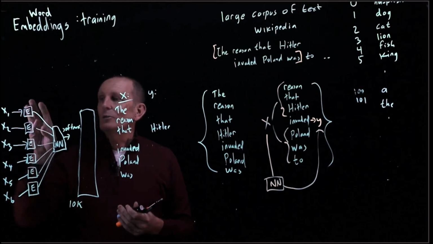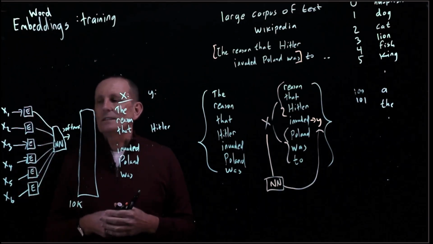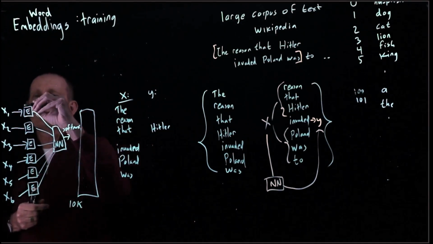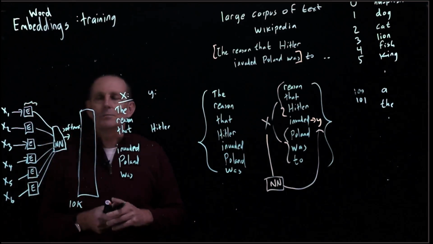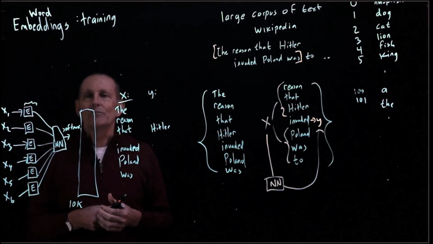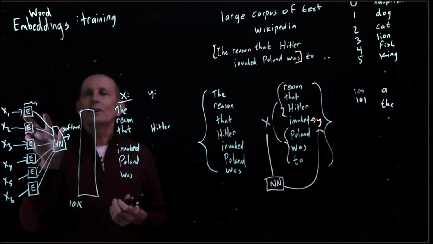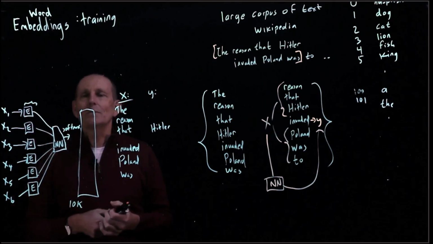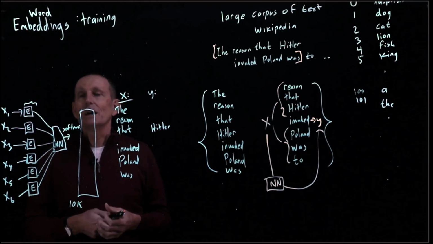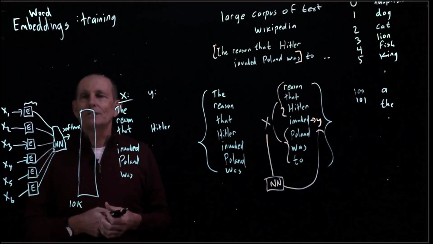And eventually then we get an embedding matrix that, well, first we get to decide how wide is this embedding matrix. And in fact, if you look at many of these embedding matrices that exist out there for public consumption, you can get various widths of these, various sizes of the embedding matrix. So it might be 10,000 by 50, or it might be 10,000 by 100, or 10,000 by 150.